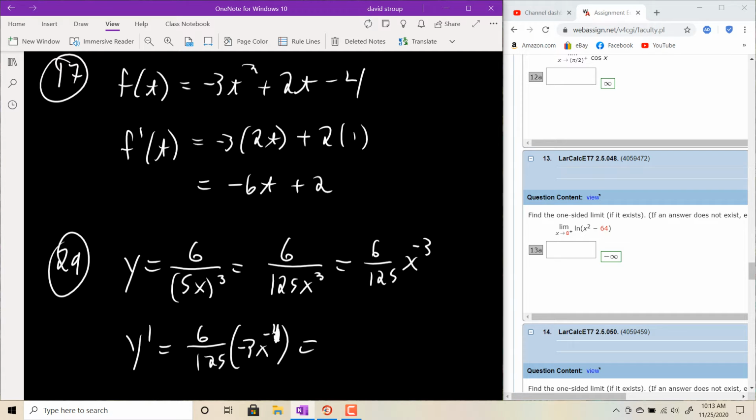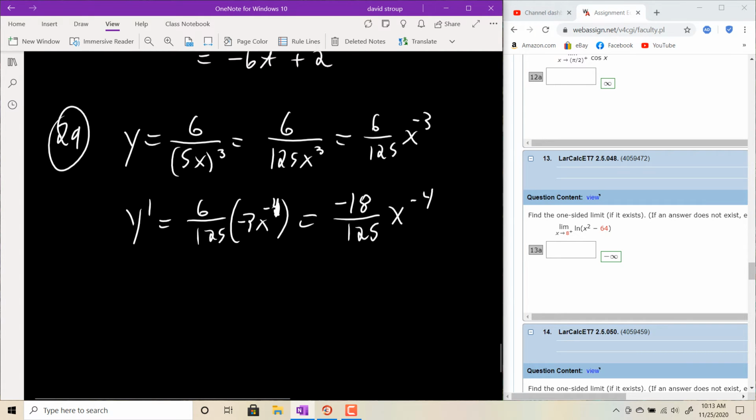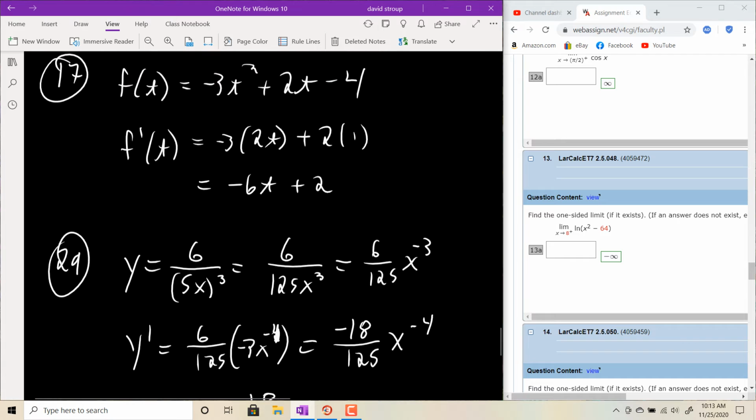So that would be negative 18 all over 125 times x to the negative 4, and then write it as negative 18 all over 125 x to the 4th. Get rid of those negative exponents when practical.